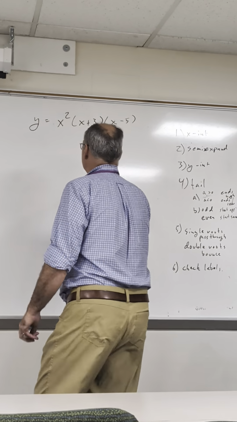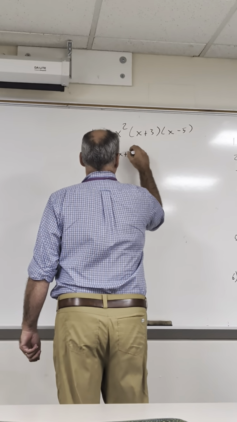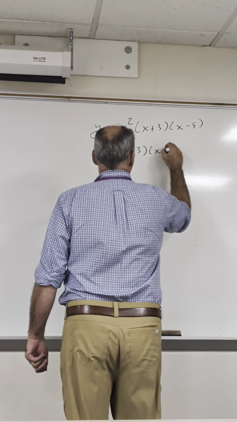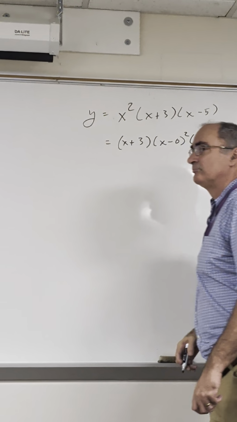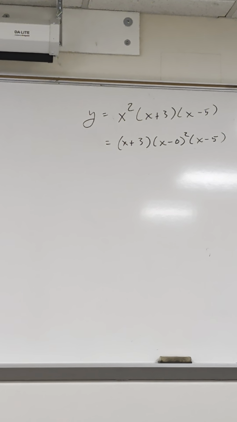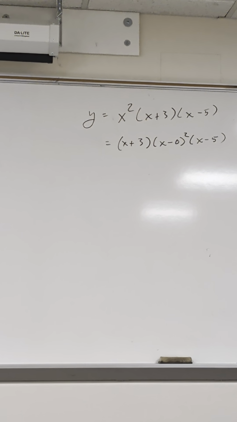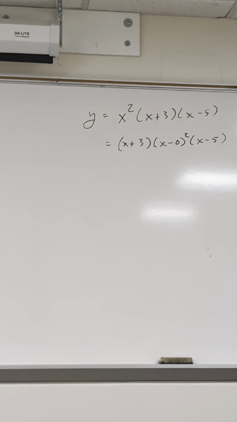It would look like this. I'd replace the x squared with an x minus 0 squared, and I'd put the 0 between the -3 and the 5.